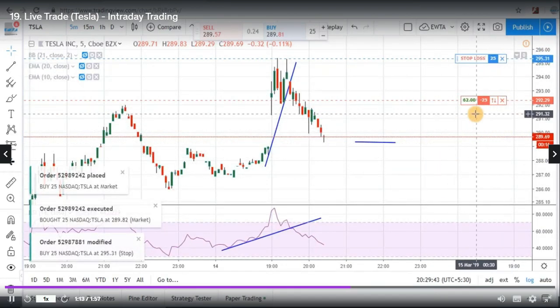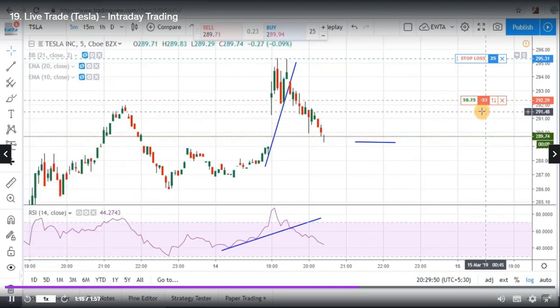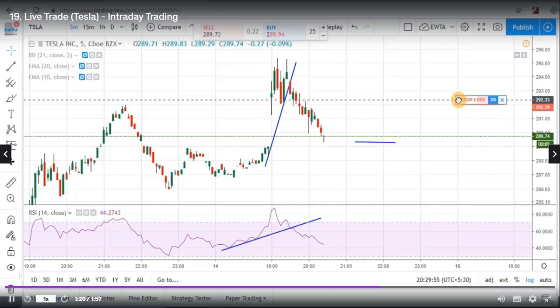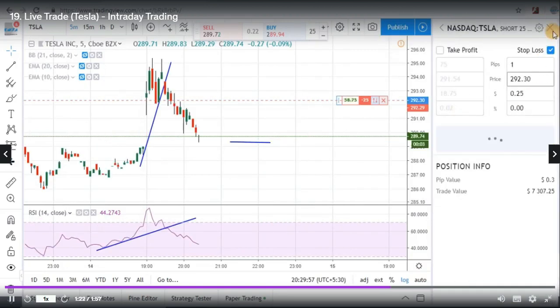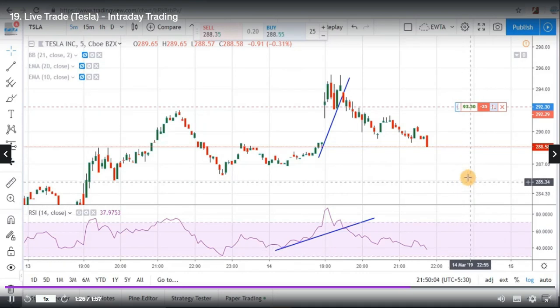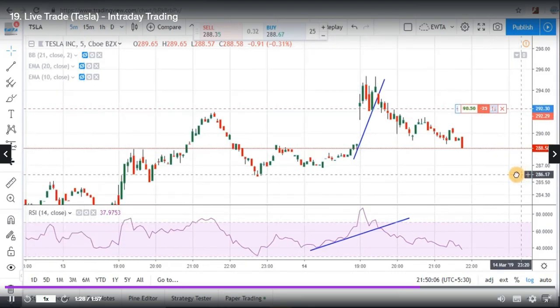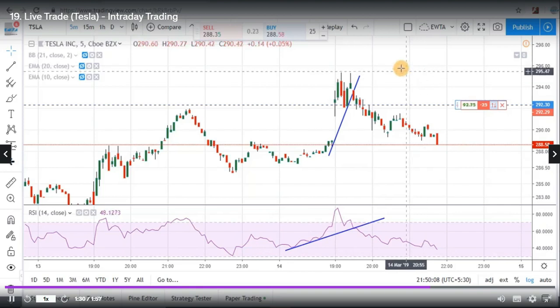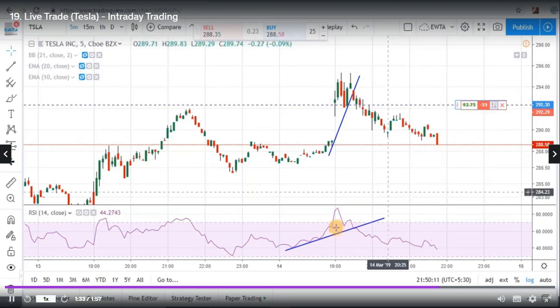Now only 25 shares are left with me and I am moving my stop loss to the break-even point. And now in Tesla it is $93 profit and it is approximately 1:1.5 R2R profit.